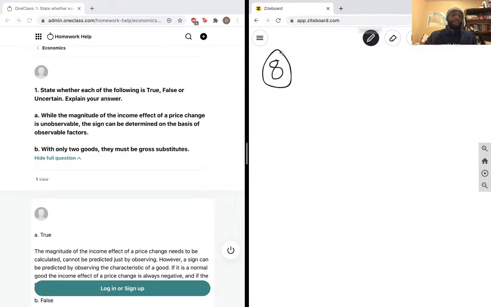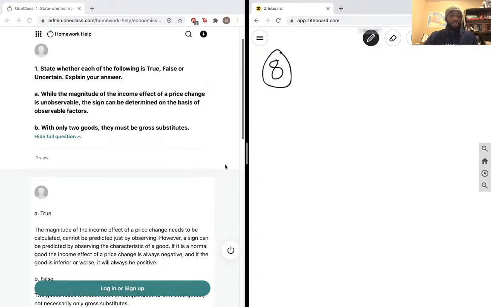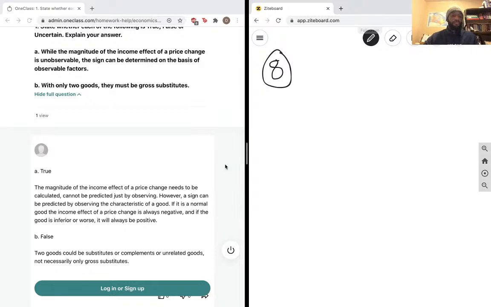Explain your answer. The first question says, while the magnitude of the income effect of a price change is unobservable, the sign can be determined on the basis of observable factors. Our tutor said this is true.